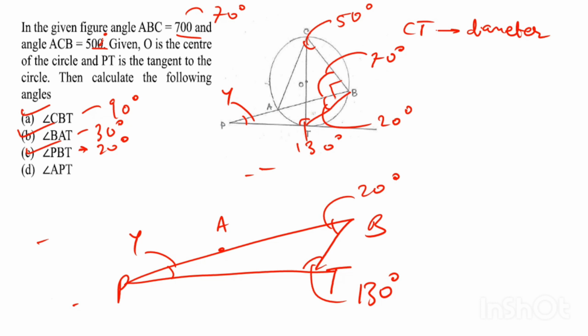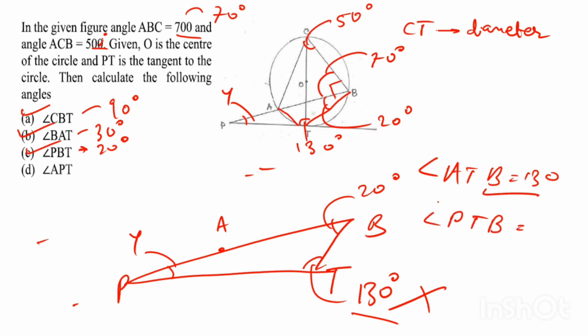It's not 130 degree. Everything was correct. You might have noticed I have erased the line AT. Angle ATB is 130 degree. Angle PTB is not 130 degree. We need to find the value of angle ATB, and then only we will get the value.